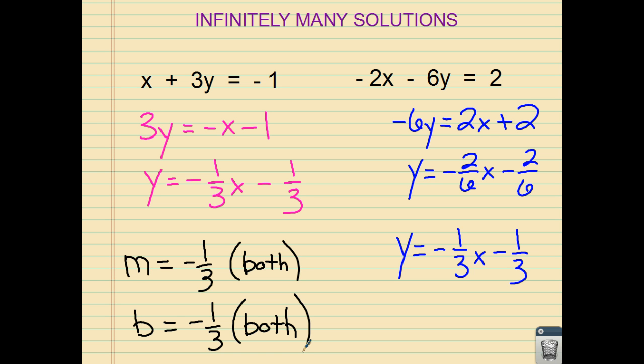And if they're identical lines, they're one right on top of the other. We call that infinitely many solutions, which means every ordered pair will work in equation 1 and equation 2 at the same time. So every ordered pair on the line would be a solution. So they're all going to work. Infinitely many.